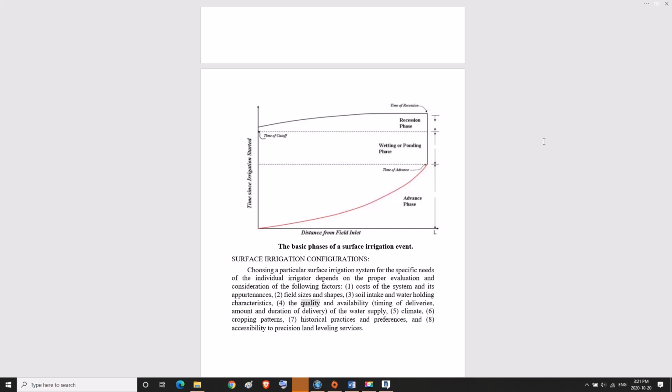The quality and availability, timing of deliveries, amount and duration of delivery, of the water supply, 5. Climate, 6. Cropping patterns, 7. Historical practices and preferences, and 8. Accessibility to precision land leveling services.